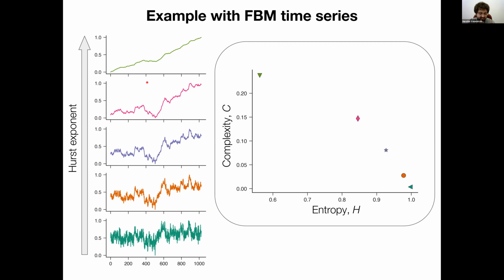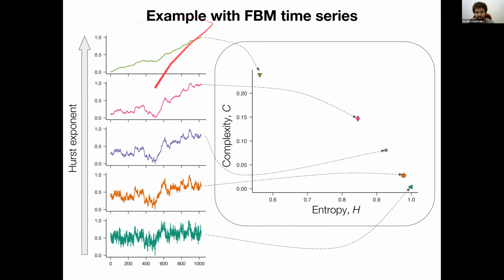And so if we have these time series and we apply our Bandt-Pompe symbolization method, calculate our ordinal probability distributions, and from these probabilities we estimate the values of complexity and entropy, we'll be mapping each of these time series into a point in the complexity entropy plane. And that's exactly what I'm trying to show here. I think that this somehow agrees with our idea of complexity, in the sense that this is more random than this.